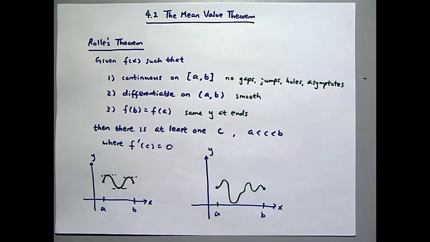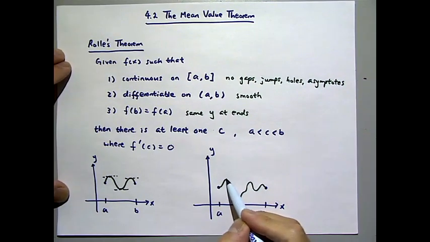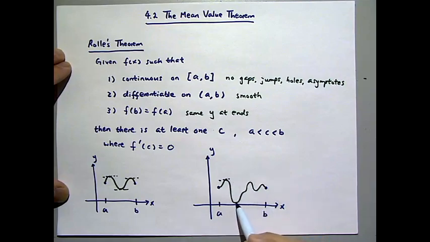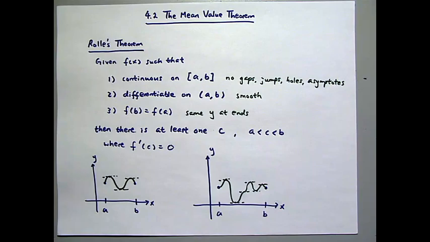It doesn't matter how crazy it gets. And if you just eyeball across this thing here, we have one place with a horizontal tangent line here, one here. Looks like there's one here, maybe. One here, one here, one here. There should be at least one, possibly multiple of them.